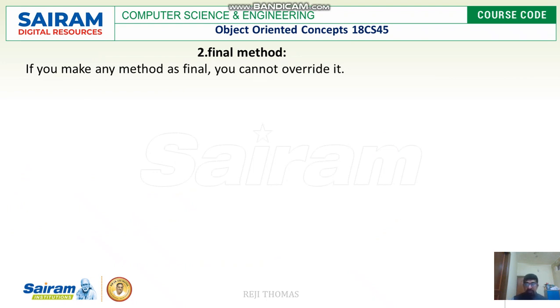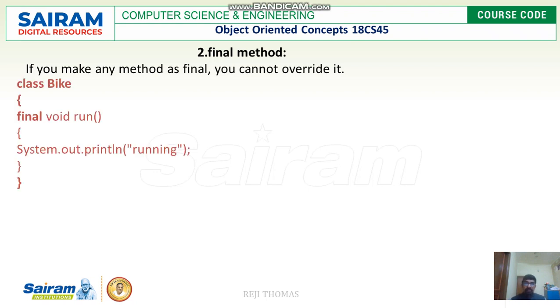Now let us see what is its second use. As I told, this can be used with a method, and when you write any method as final, the meaning is that the method cannot be overridden. We cannot override that method. Let us see a small example. So again, we have a class called bike, and there is no instance variable, just the class name.